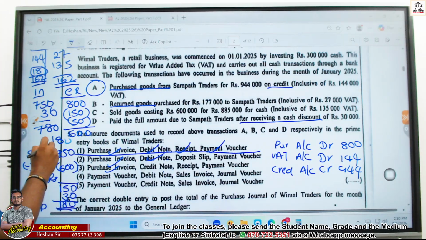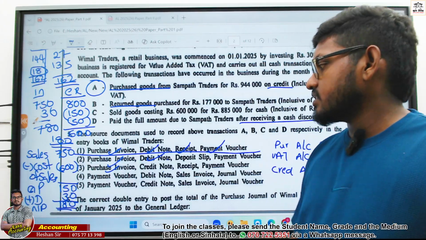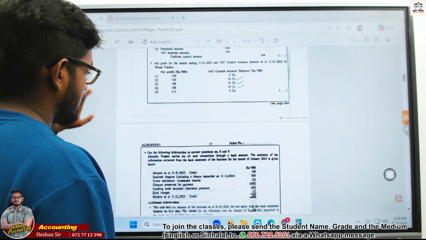Remember, under cost of sales closing stock appears as minus, so the answer is 180.